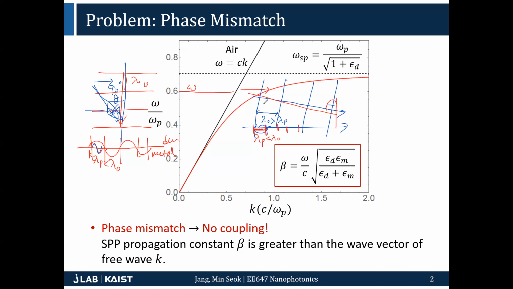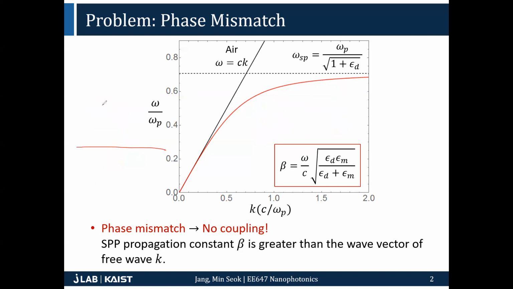And this is basically because plasmons have a much higher K vector compared to air. So if you have a plane interface and shine light, whatever angle you shine light on the metal dielectric interface, it is impossible to excite a surface plasmon.